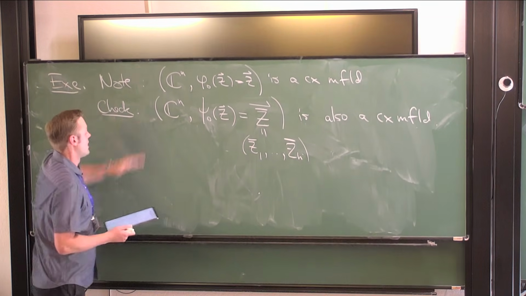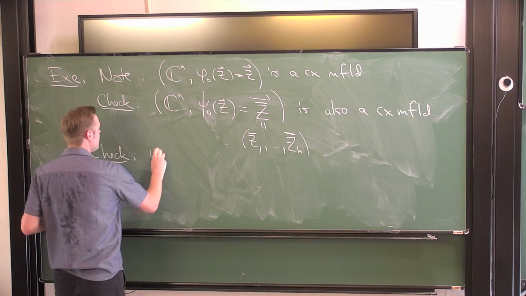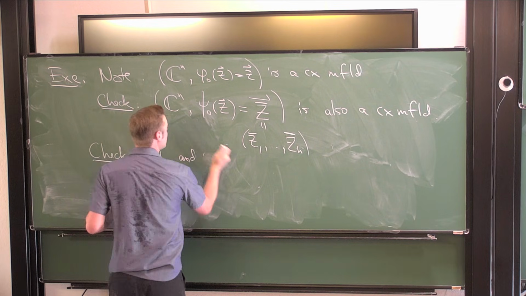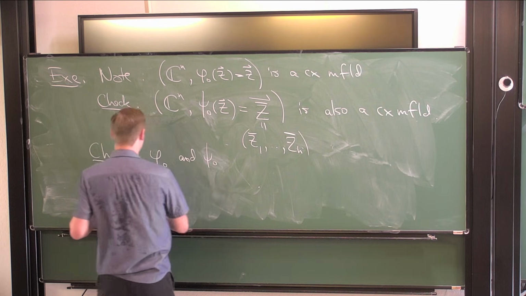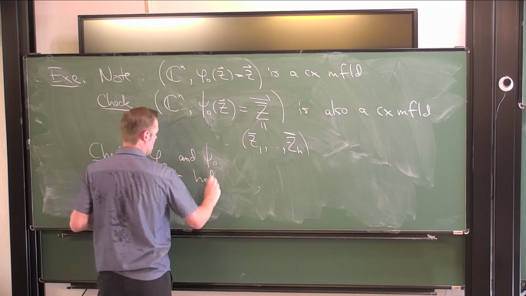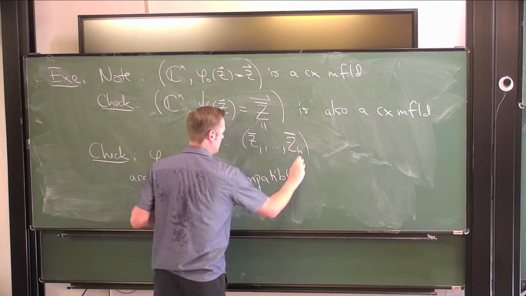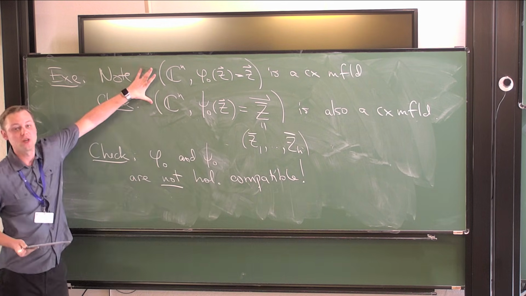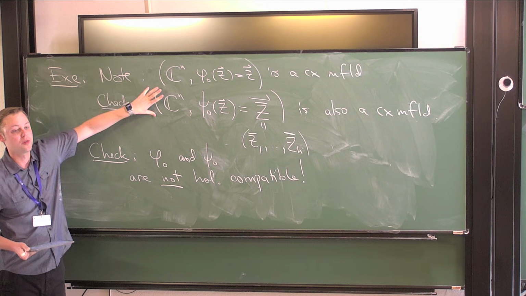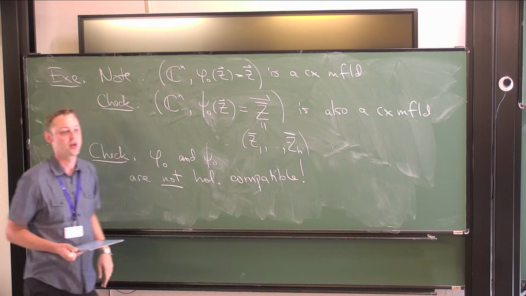Now the real check is that phi 0 and psi 0 are not holomorphically compatible. So these are genuinely two different complex manifolds. This one is sometimes called the mirror of this one, just because we're using the complex conjugate.